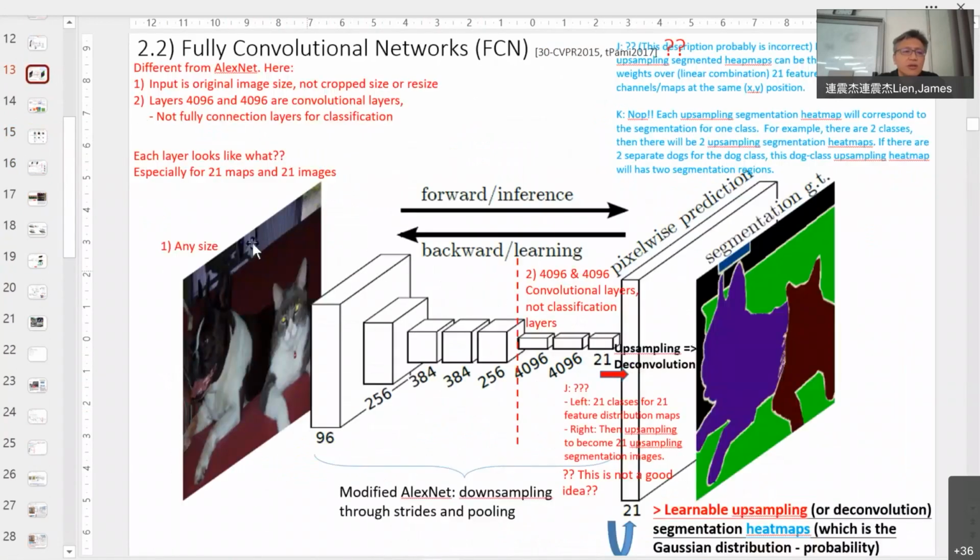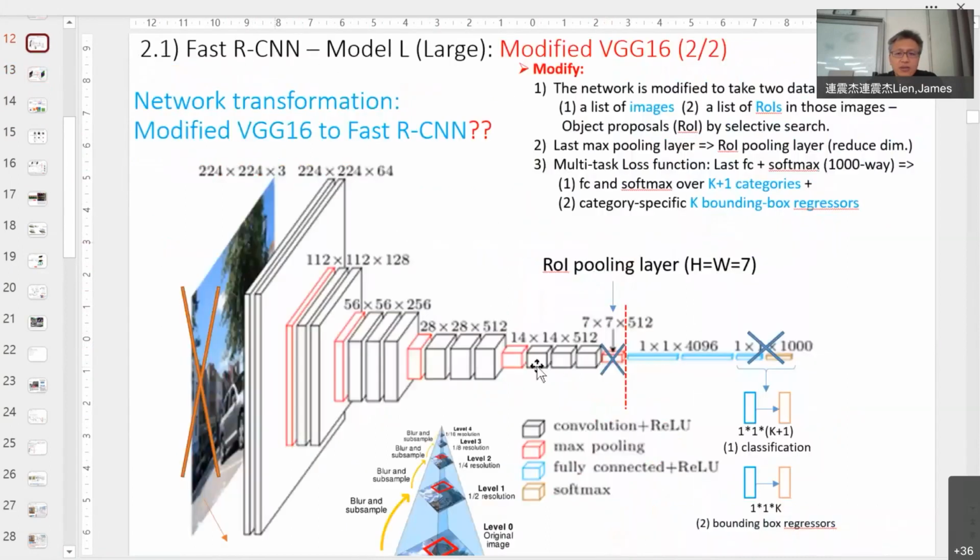What is this one? Here, on page 13, you do extraction, right? Up to here, this is 7 by 7 by 512, or it's 14 by 14 by 512. So it has a 7 by 7 grid. Suppose it's here, 7 by 7 grids.